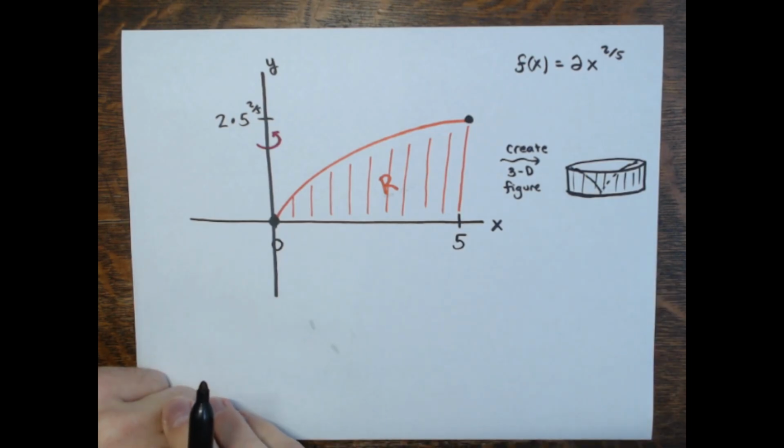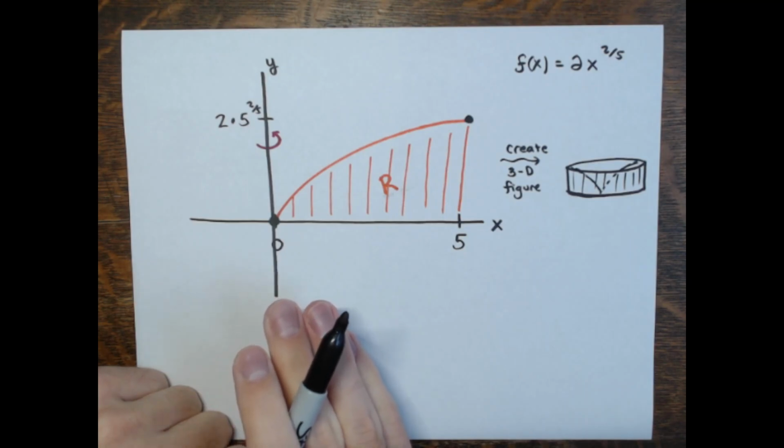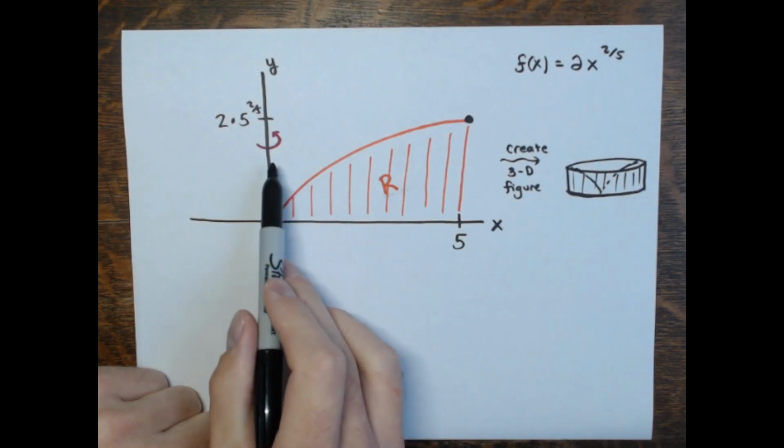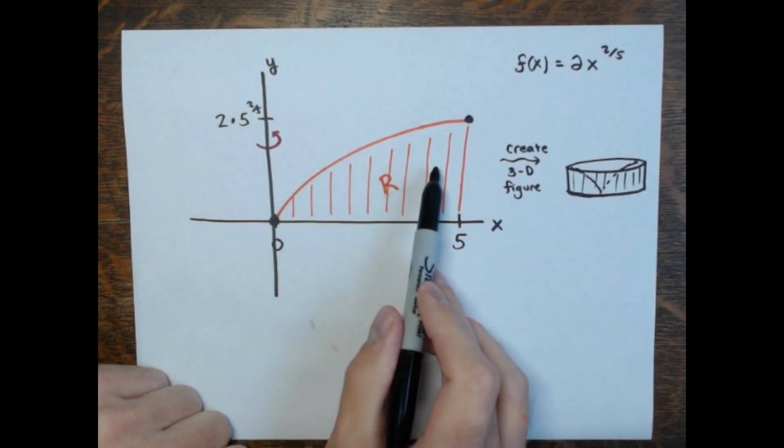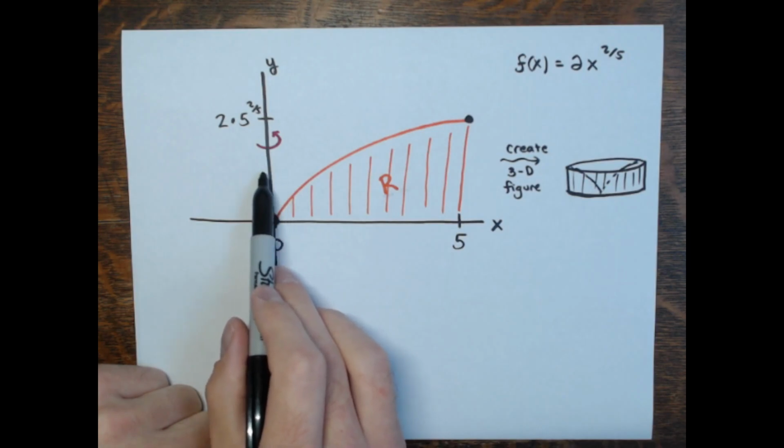Now, as I mentioned, last section, section 2.2, with the disk and washer method, we would take slices of our region, little thin rectangular strips, that were perpendicular to the line of rotation.